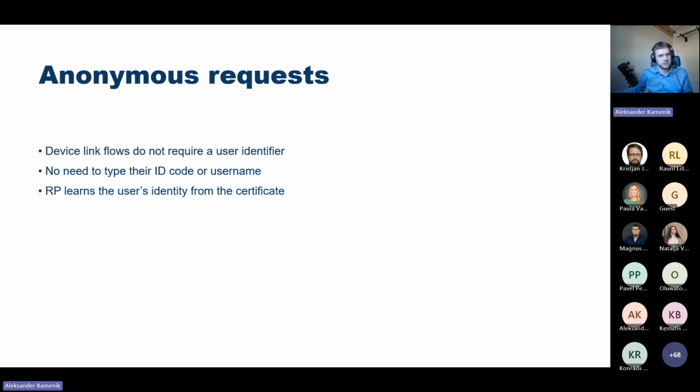They just, in the same device use case, for example, or even the QR code, they just scan it without putting in any info to your website, first time visiting, perform the transaction, and you will get to know the user's identity from the certificate that you will receive when you do the verification of the transaction. Much better user experience, especially for the same device use case. You just go to the website, click login, the SmartID app pops up, and you're in.